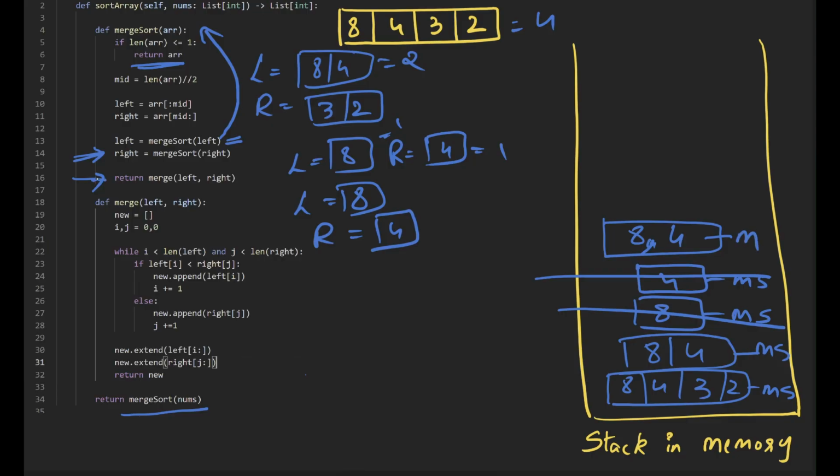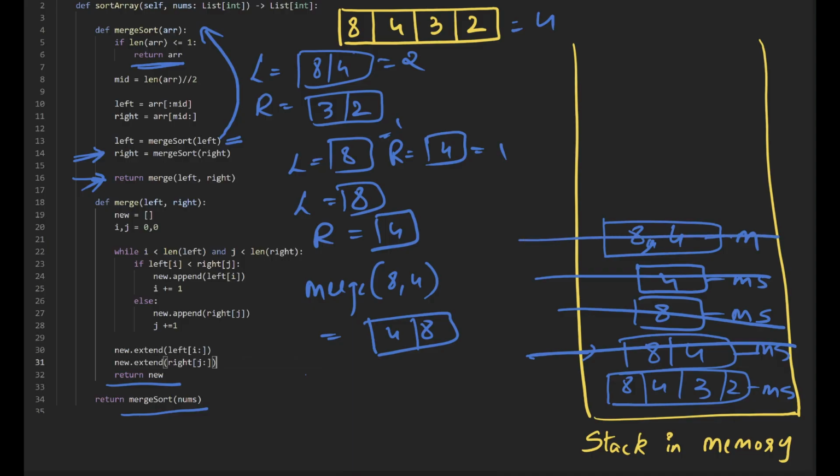Since we returned from this function, we will pop it out, and now merge of 8 comma 4 gives us a sorted array, 4 comma 8. Since I already mentioned you should know how merge sort works, we got 4 comma 8, which means we returned from merge. Since we returned, we will pop this entry also.